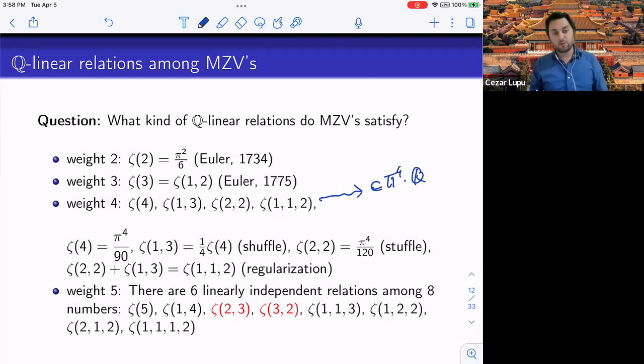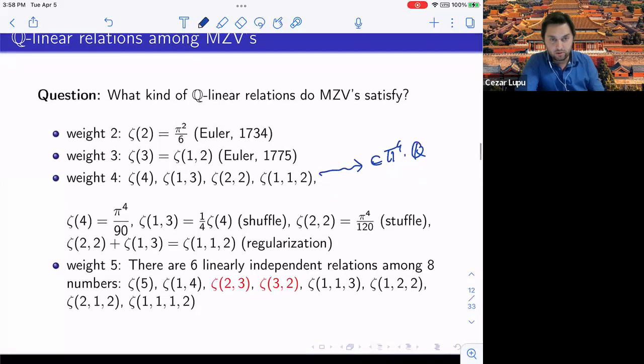But there are actually 2 of them that give us some problems. These 2 are the ones highlighted in red: double zeta of 2, 3, and double zeta of 3, 2. In fact, we can express all the others in terms of these 2. So we would like to understand what's going on with these values.